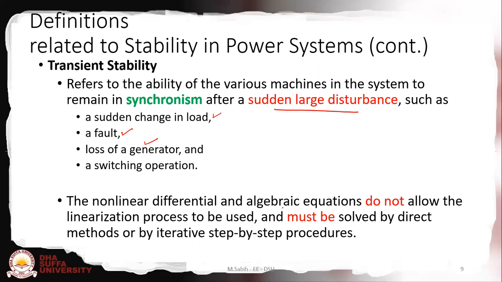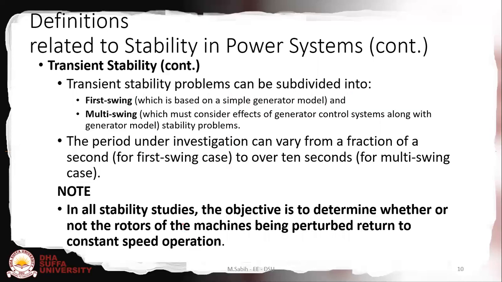The nonlinear differential equations and algebraic equations don't allow the linearization process here, because these phenomena are quick and the effects are sometimes very specific to some places. We have to have some kind of direct methods, a distributed manner, or an iterative, step-by-step process. We will do some transient stability later on, with some examples as well.